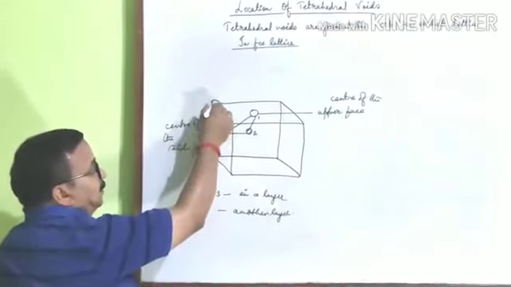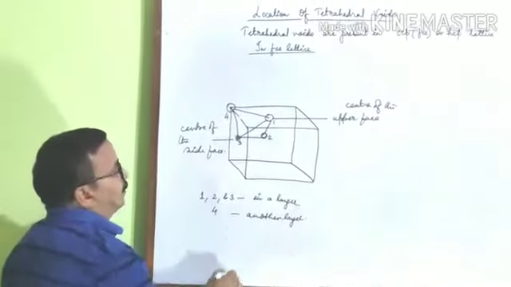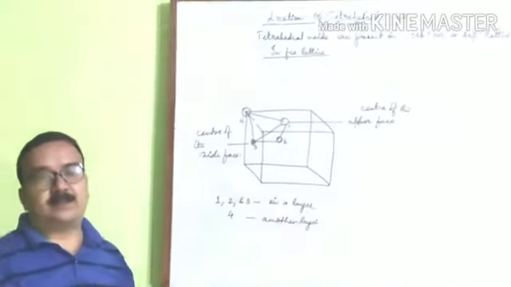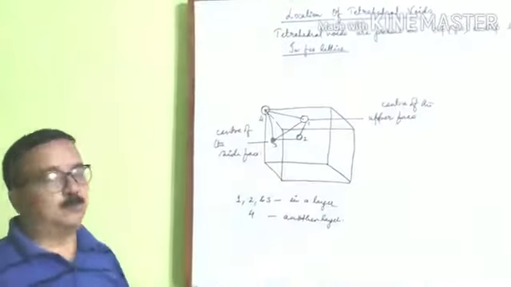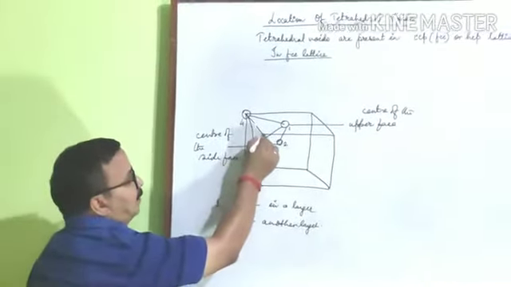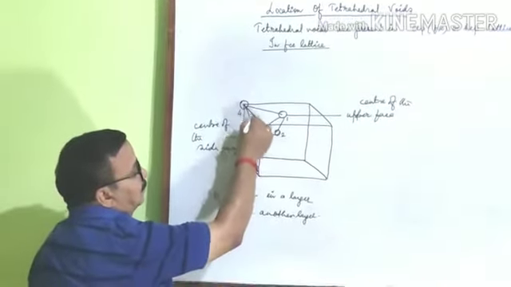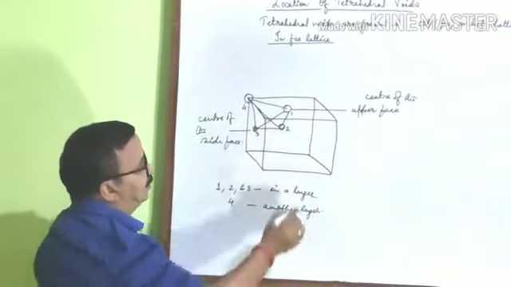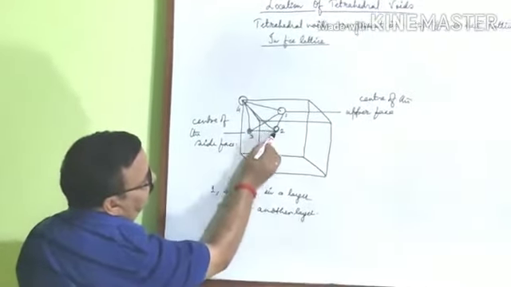Now, if we connect from here, we find that a tetrahedral structure is formed, and this is the tetrahedral void. The center of this tetrahedral void is at the center of the body diagonal. This is the body diagonal.